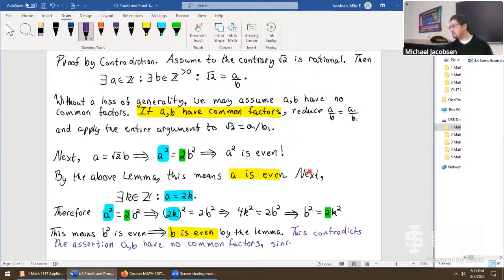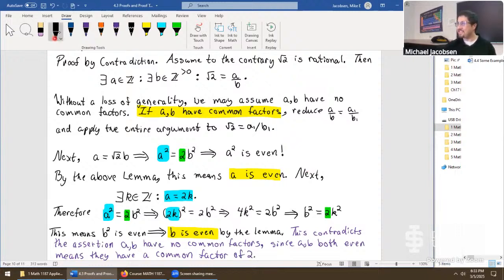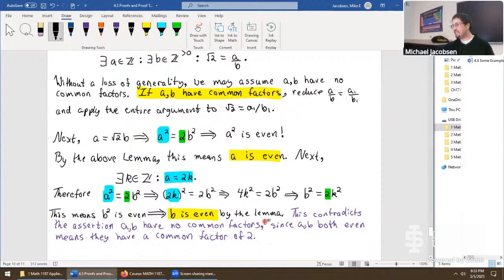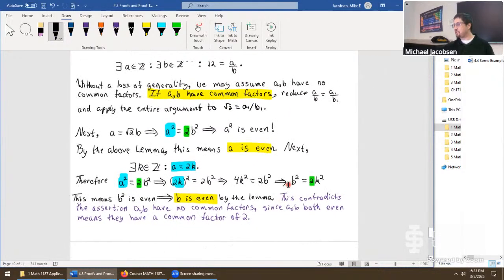Since A, B both even means they have a common factor of 2. This is a longer sentence than I thought it would be, but we got there. And we're still not done. Let me zoom out just a little bit more.